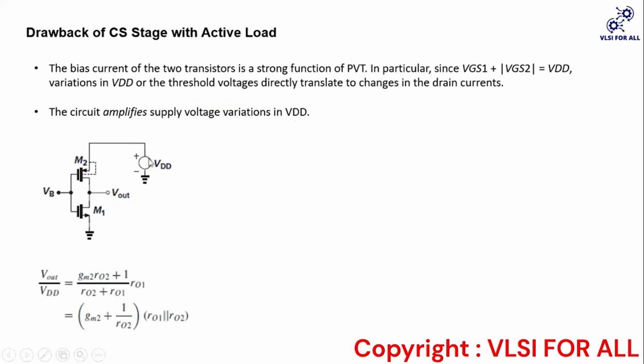If there is any change here, it will be reflected here by the amount of gm2 into r02, plus 1, divided by r01 plus r02, into r01. So the major disadvantage of this circuit is that it is going to amplify the noise that is present in the supply voltage. That's why we don't use this CMOS inverter as an amplifier.